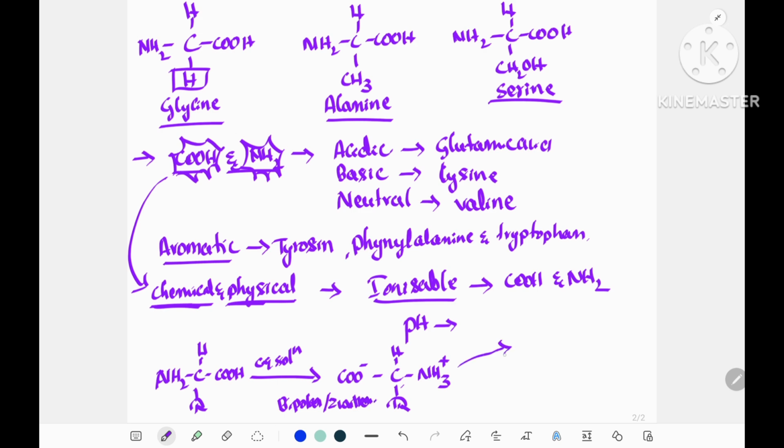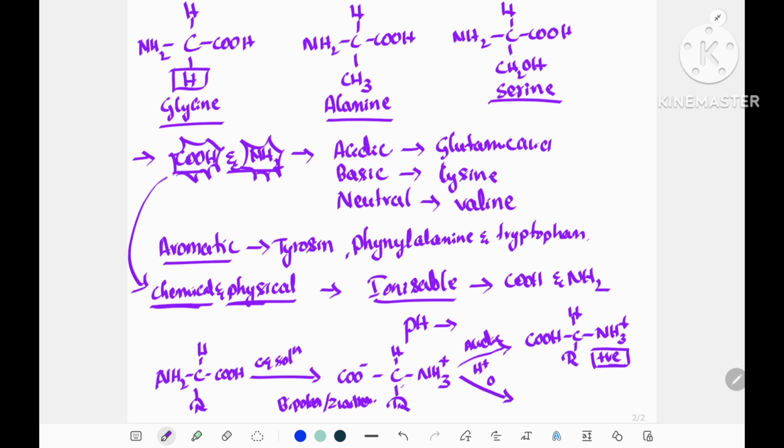And when this Zwitter ion is placed in an acidic solution, then in acidic solution the concentration of H plus ions is more, hence this H plus ion will bind with the carboxyl ion to form COOH, C, H and NH3 plus, and here R, and the amino acid has got a positive charge.